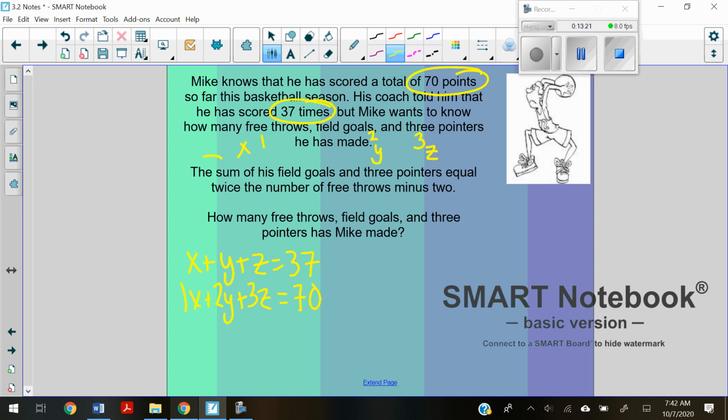All right, now we got to tackle this one right here. It says the sum, sum means addition, of his field goals, that's Y, and three-pointers, that's Z, equal, okay, so let's write that. Y plus Z equals twice, so that means I'm going to multiply by 2, the number of free throws, that's X, minus 2.